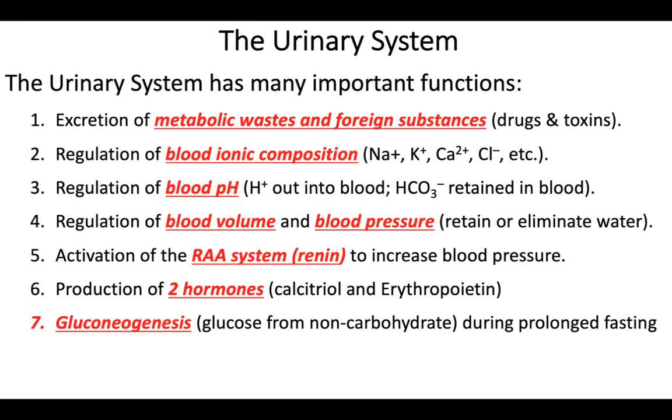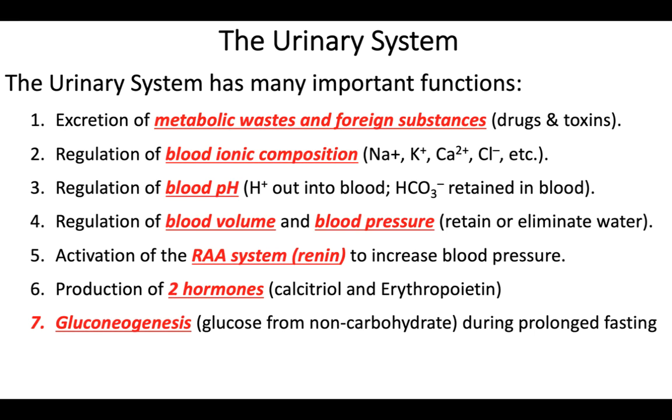So let's take a look at the basic functions. Now, again, most of you know that urine is a waste material, right? So we excrete urine, and what's in that urine is often things that are waste products. We call those metabolic wastes. So those are wastes just produced during a number of chemical reactions that occur in the body.